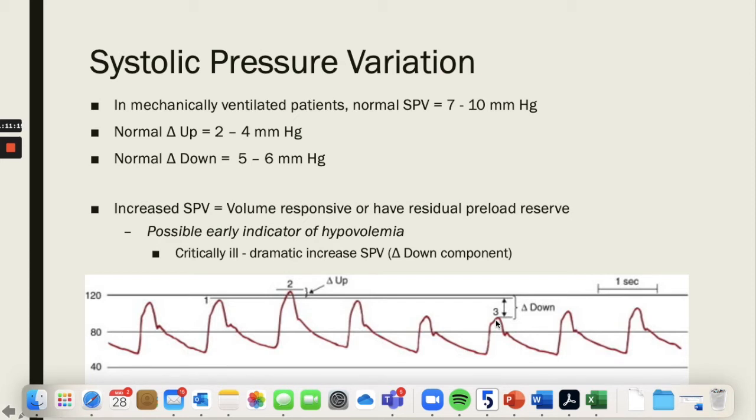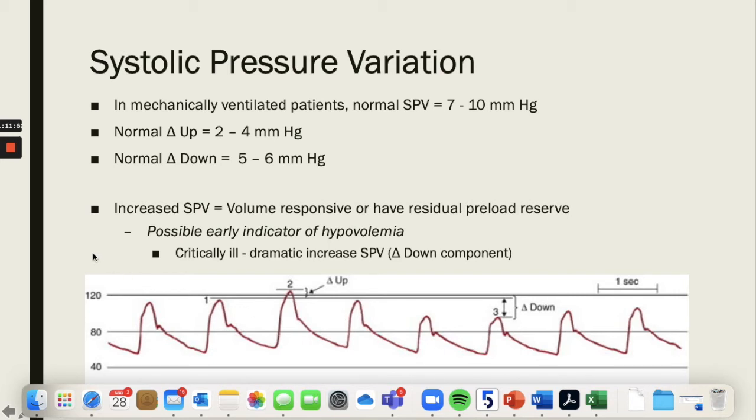And so we look at the difference between those, and if it's greater than 10, an increased SPV, then we know that this patient is going to be volume responsive, or have residual preload reserve, meaning that they have enough reserve that they could tolerate having some fluid given to them to try and reduce this delta up and delta down changes and reduce this swing that we see with positive pressure ventilation.